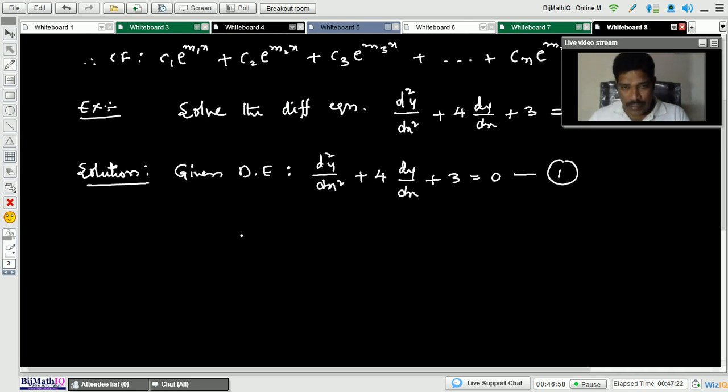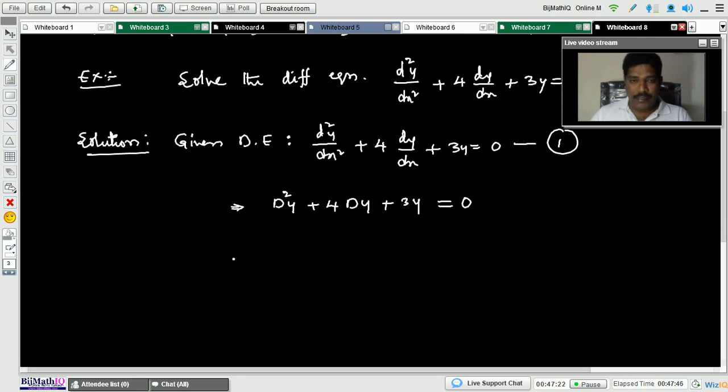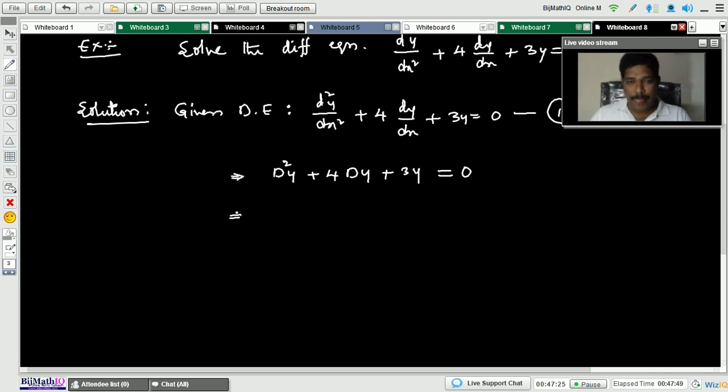Already we know the operators: the second order derivative is written as D square into y, plus 4 into the first order derivative, written as D y, plus 3 into y equals to 0. Taking y common from all the terms, you get D square plus 4 D plus 3 into y equals to 0.